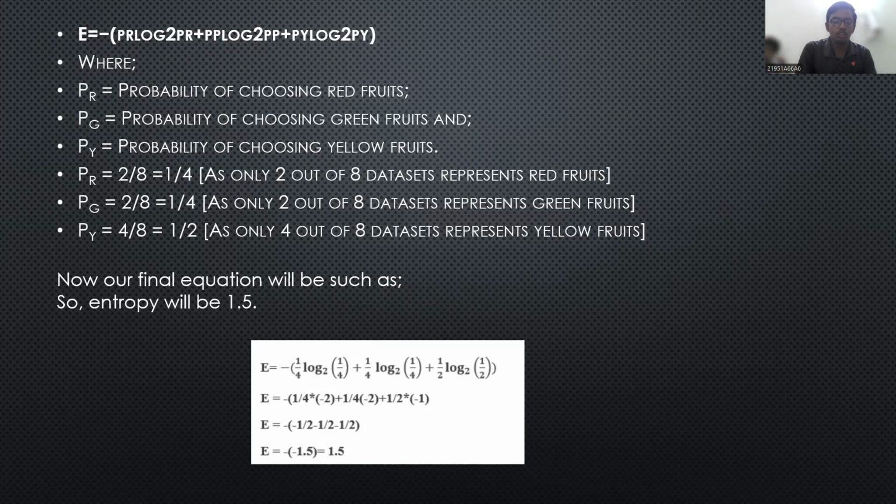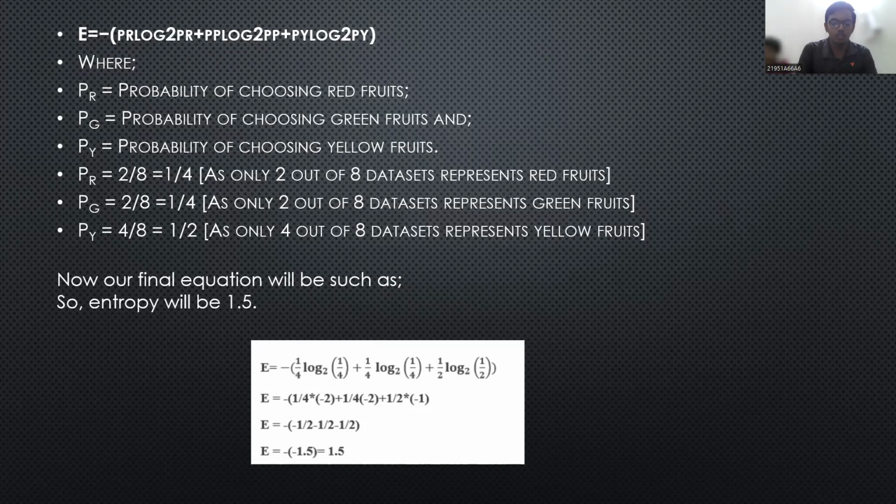Now our final equation will be such that the entropy will be 1.5.